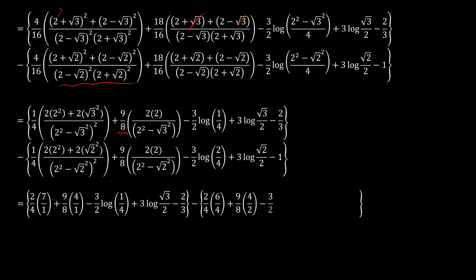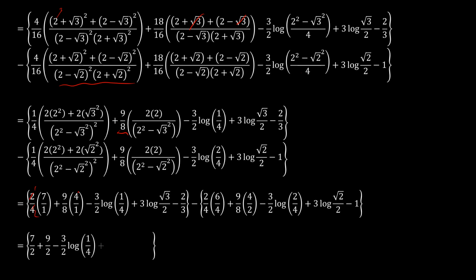And then on the lower limit, this part is 2 over 4, 6 over 4, because this is 2 squared minus 2. 2 squared minus 2 is the same as 2. 2 squared is 4. And then the same thing here. So what happens is that now we have 7 over 2, because this is by 2, 1, by 2, 2.